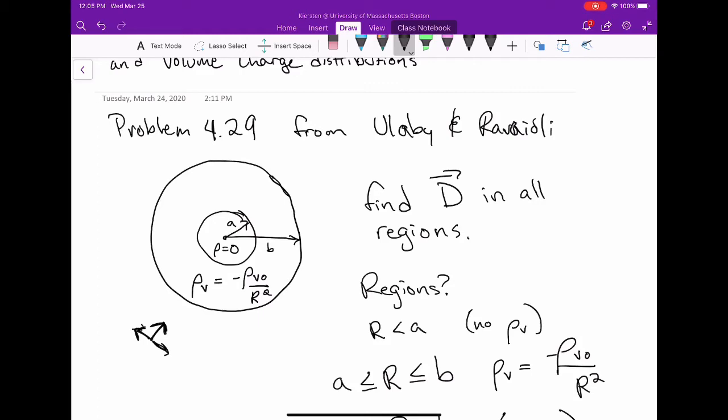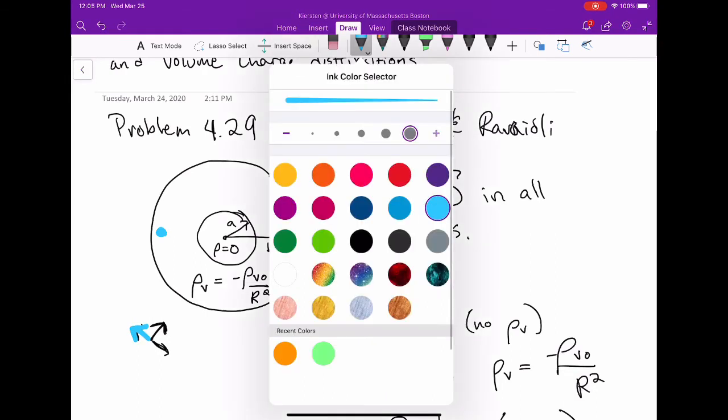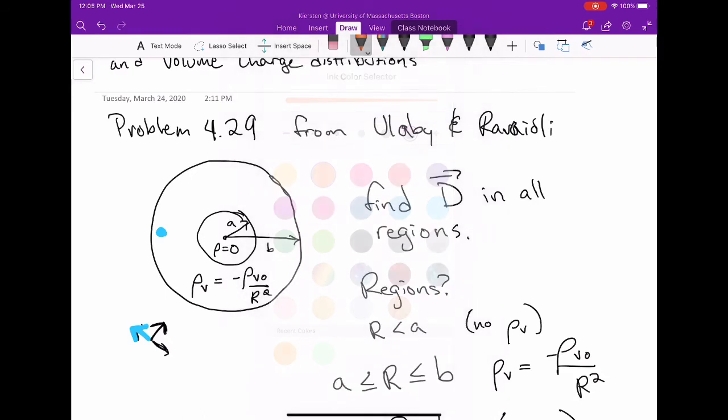Well, some charge element over here on the sphere would contribute a field component that points that way. But I could choose some other charge component that is symmetrically located on the sphere over here that would have an equal and opposite component in the other direction, so they would cancel out.